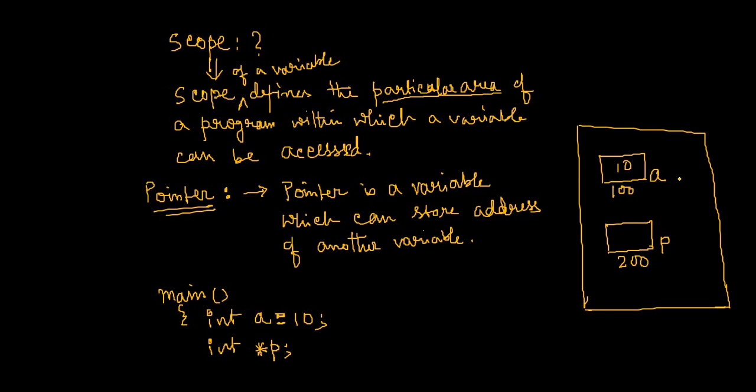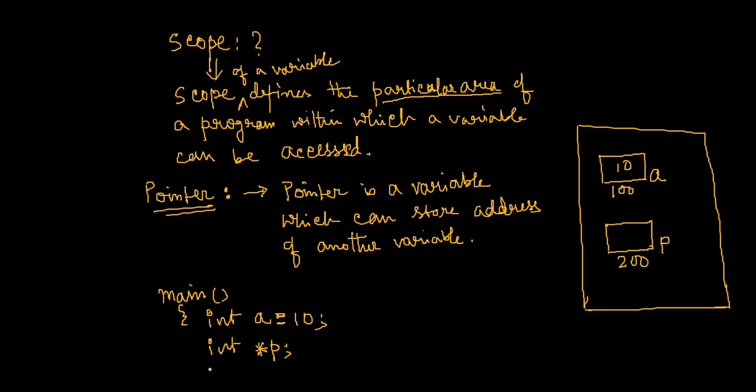Now in an actual scenario, obviously an address is not defined with something like 100 and 200. Addresses are actually defined in some different way. But to realize the current situation, we have considered, suppose the address of A is 100 and the address of P is 200. So what do I want to store? I want to store the address of this variable A. So that means somehow I have to store 100.